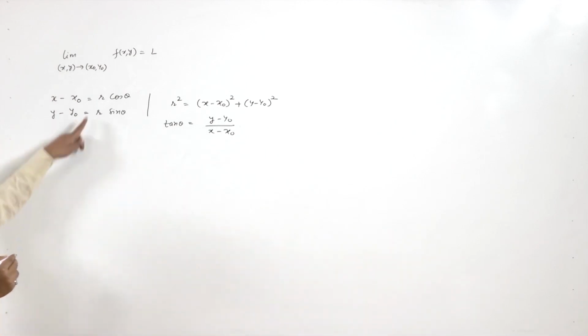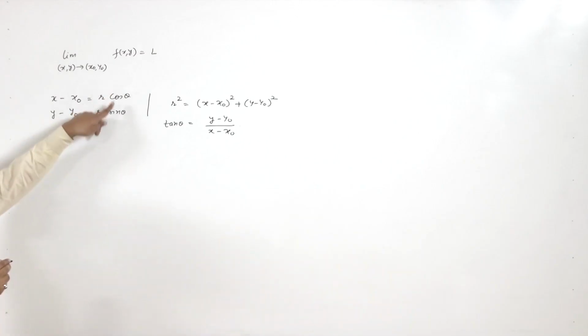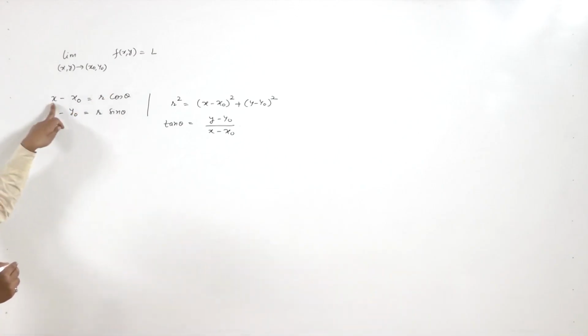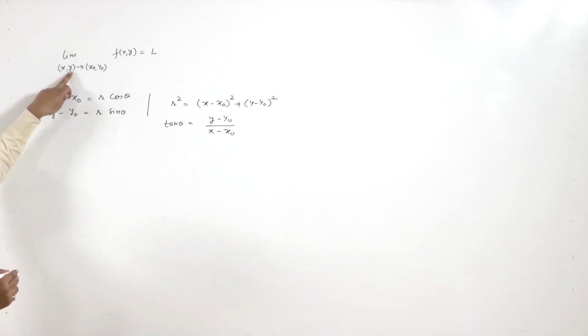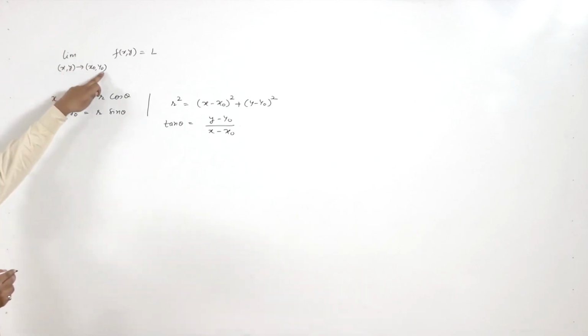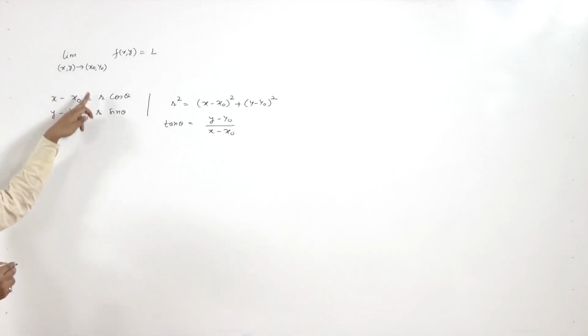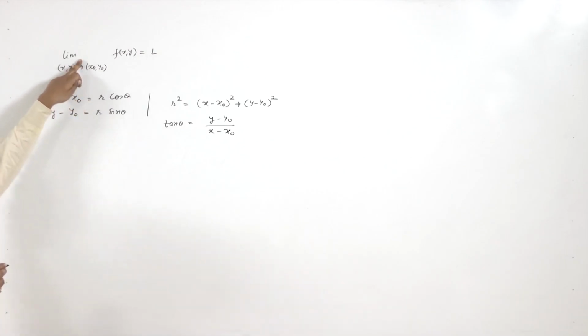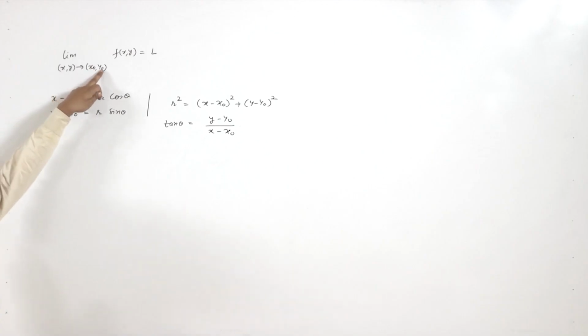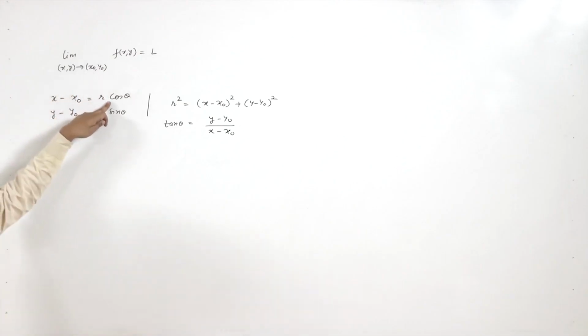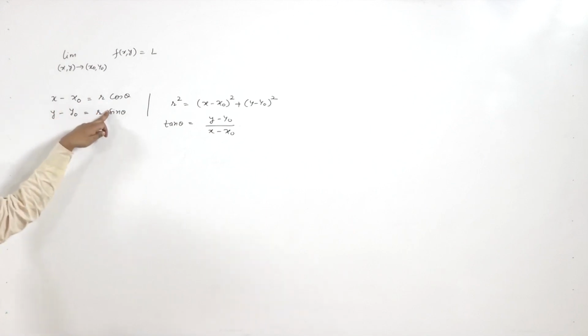Now, as r tends to 0, whatever theta may be, x will tend to x naught and y will tend to y naught, that is (x,y) will tend to (x naught, y naught). So, there are two ways: either you convert (x,y) tending to (x naught, y naught) to (x,y) tending to (0,0) and then convert into the polar coordinate system, or you simply take x minus x naught as r cos theta and y minus y naught as r sin theta.